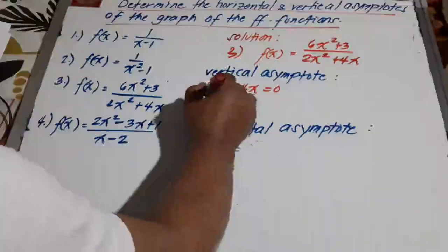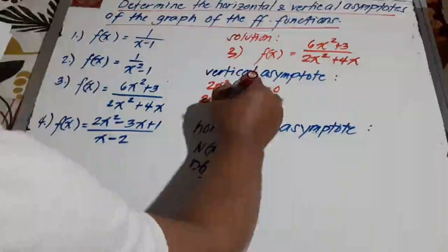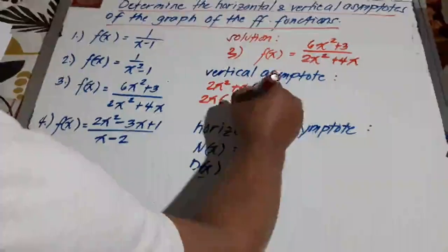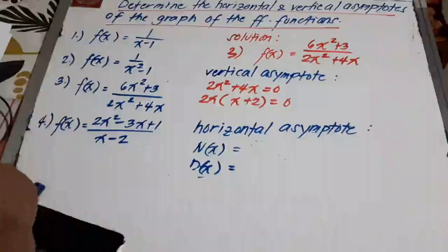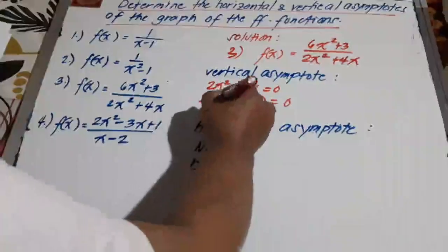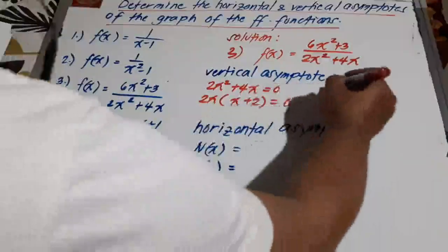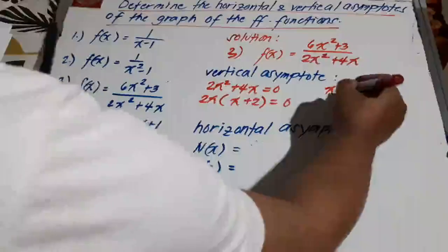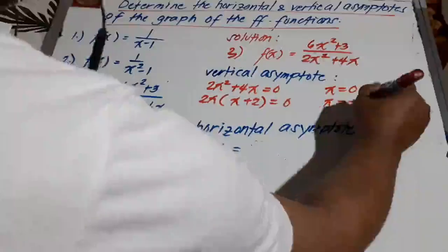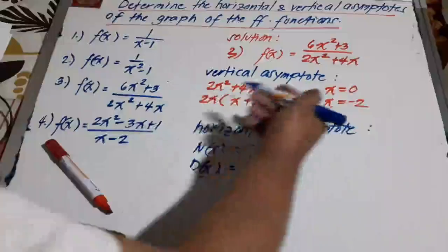So factoring 2x, we have 2x times x plus 2 equals 0. So dalawa yung ating vertical asymptotes. Yung una, from 2x, we have x equals 0. And the other one is from here, we have x equals negative 2. So therefore, we have two vertical asymptotes for this rational function.